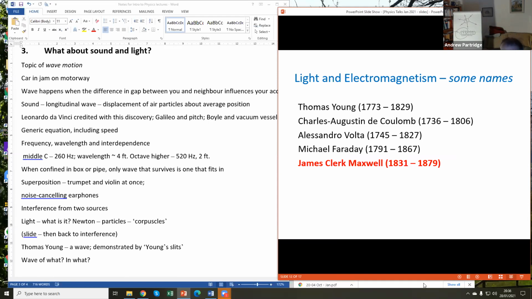So Maxwell was a very big name, and was really getting into the mathematics. His big thing was working out a set of equations that related precisely the magnetic fields and electric fields.